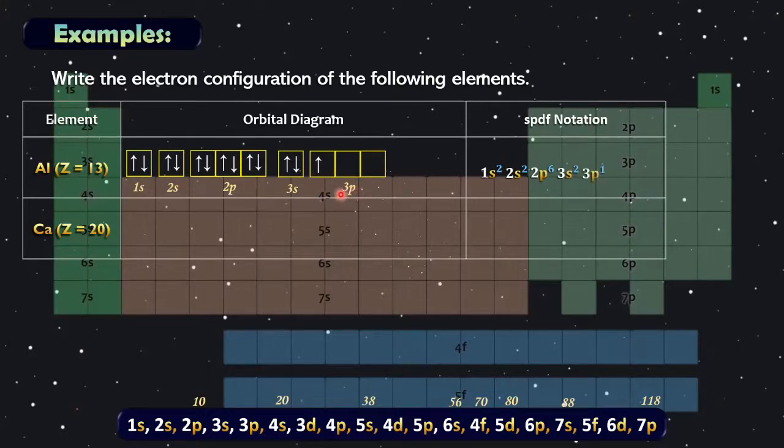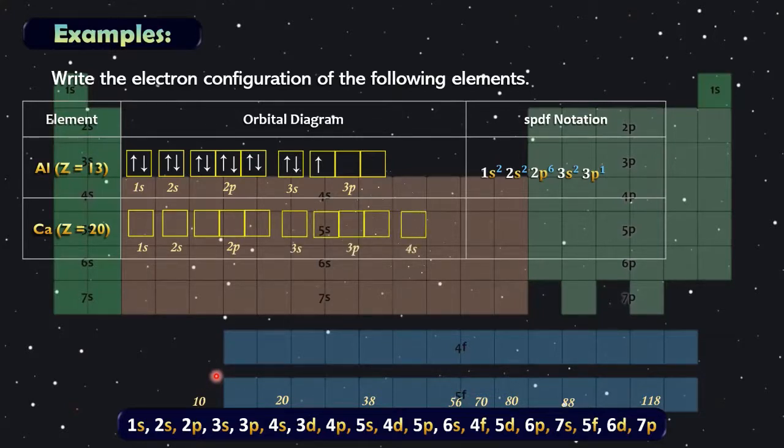Okay, let's proceed to the second example. We have calcium. The atomic number is 20. So, exactly 20, we stop at 4s. Let's have the orbital diagram. 1s, we have 1 box, 2s, 2p, 3 boxes, 3s, 1 box, 3p still, 3 boxes, and 4s.